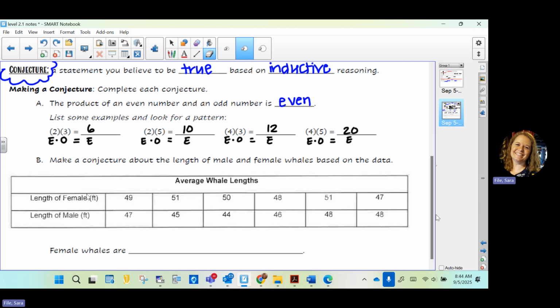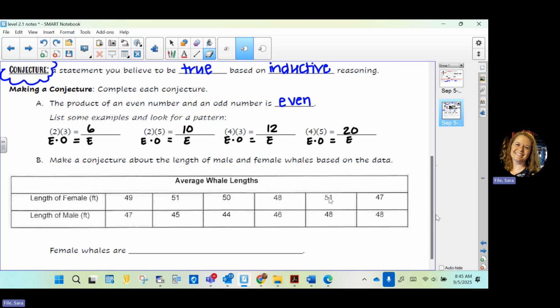For the majority of these, it looks like the female whales are longer, doesn't it? Is there one where that's not true? That last one is not, but the majority of them, the female's longer, right?